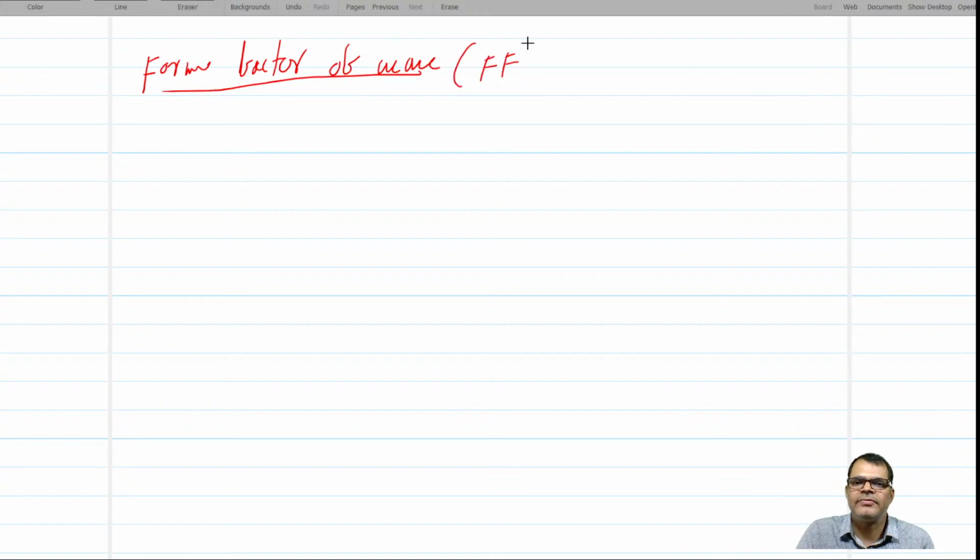For that, the first quality factor we check is the form factor of the wave. That is FF, form factor of the wave, and it is defined as RMS value upon average value.